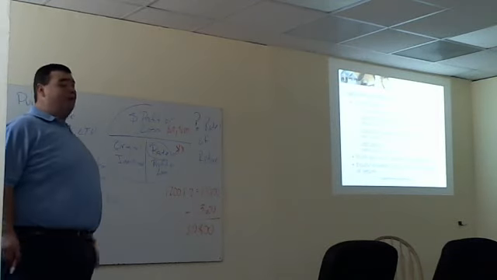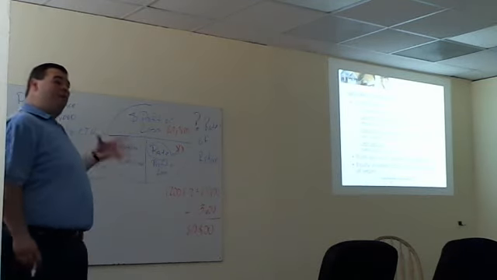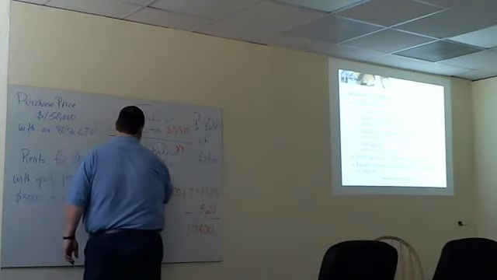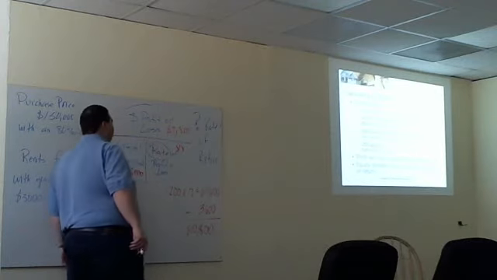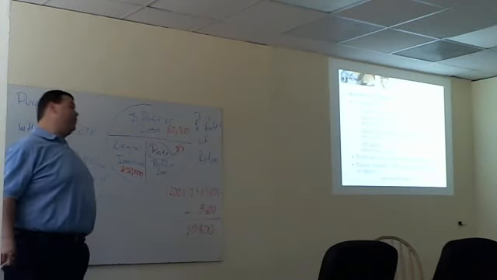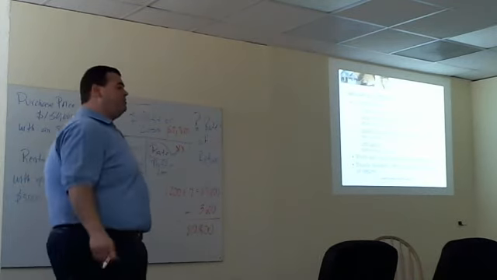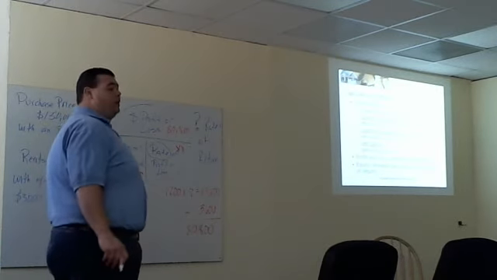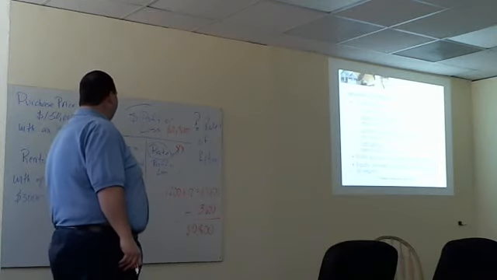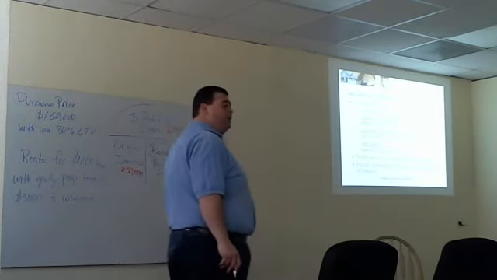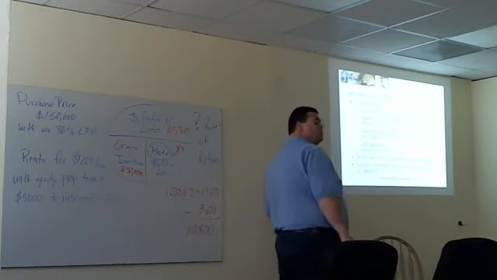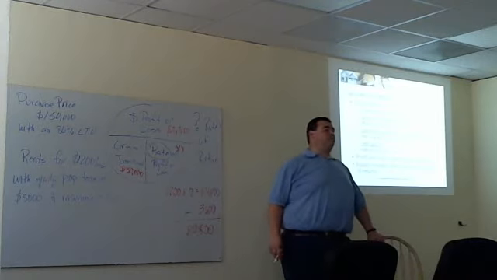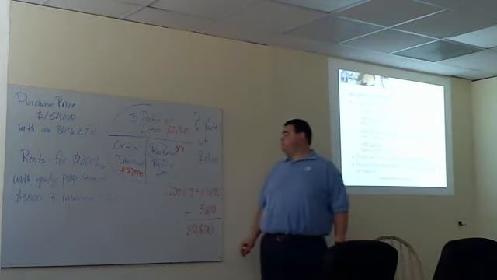The difference is my down payment, which is 30. So my original investment is $30,000. Can we calculate our rate of return on equity now? Something so fancy sounding? Yep. $10,800 divided by $30,000. Calculate the rate. So what do you do at the end? Multiply by 100. That's a 36% return.